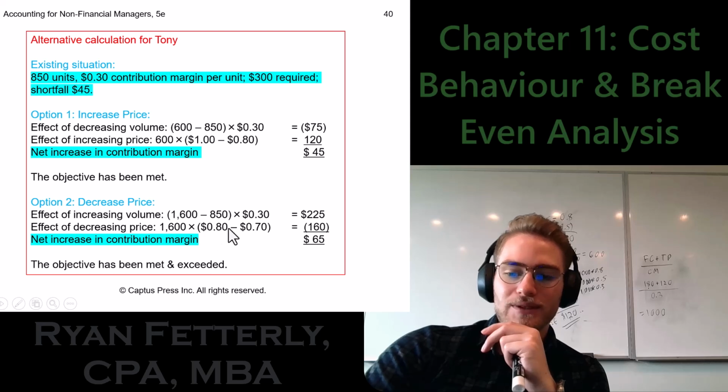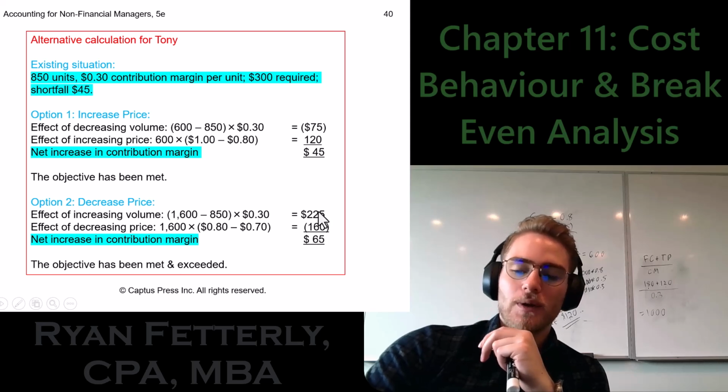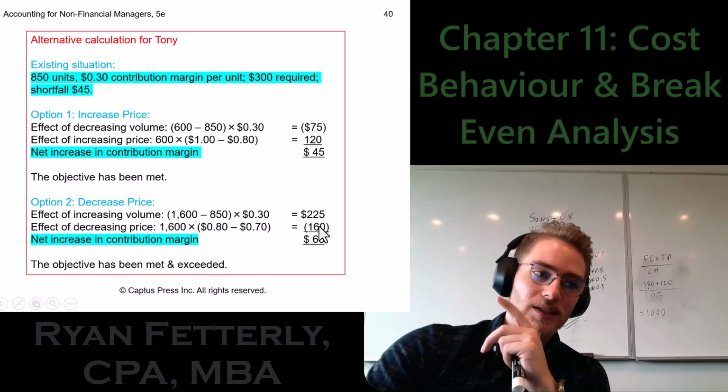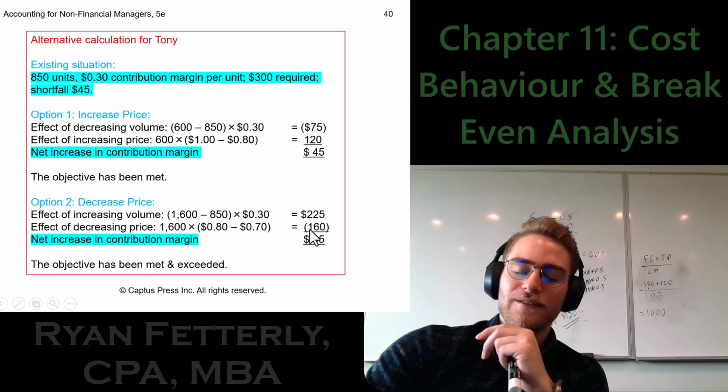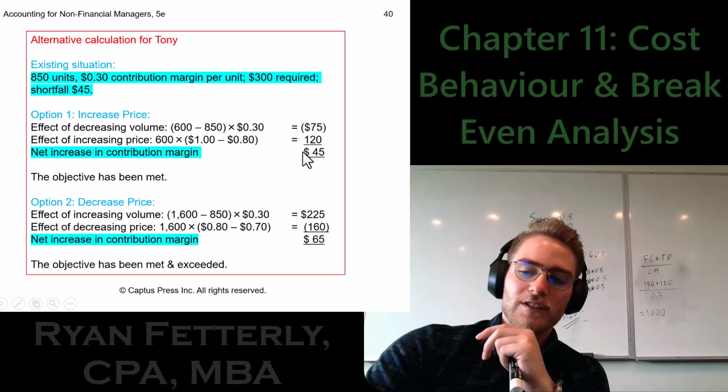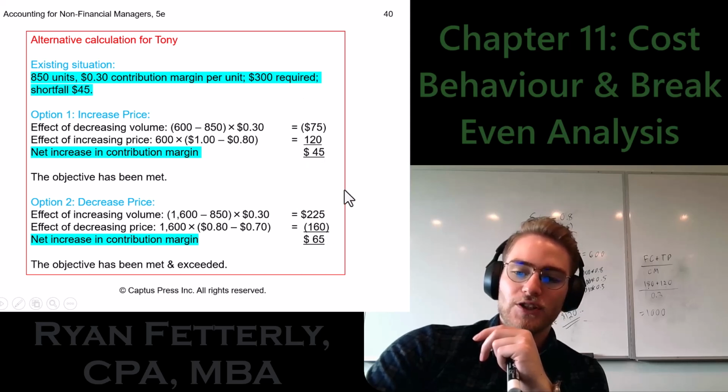So we're taking a 10-cent hit in this case, right? So this causes a 160 hit. So the 225 gain on the increased volume less the 160 loss on the drop in price gets us that $65 gain, aka the difference between making 120 on this one versus making 140. Here's that $20 difference between 45 and 65, right?